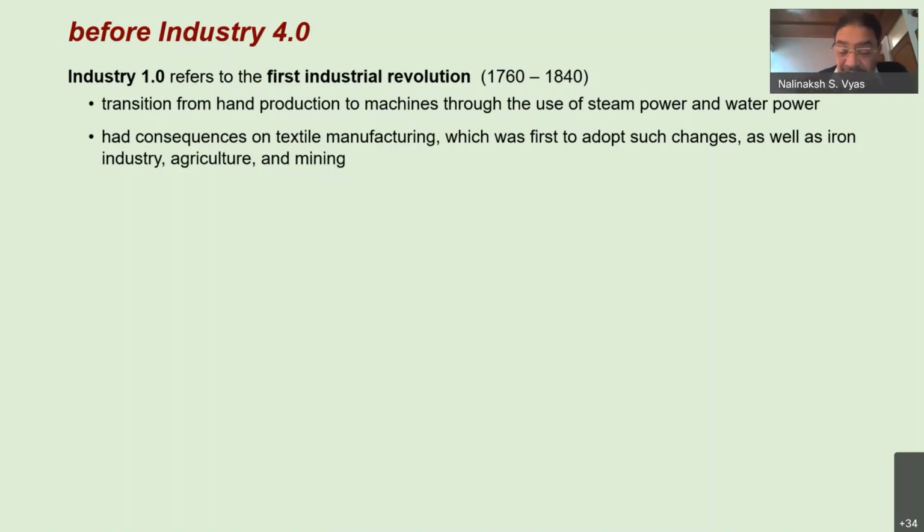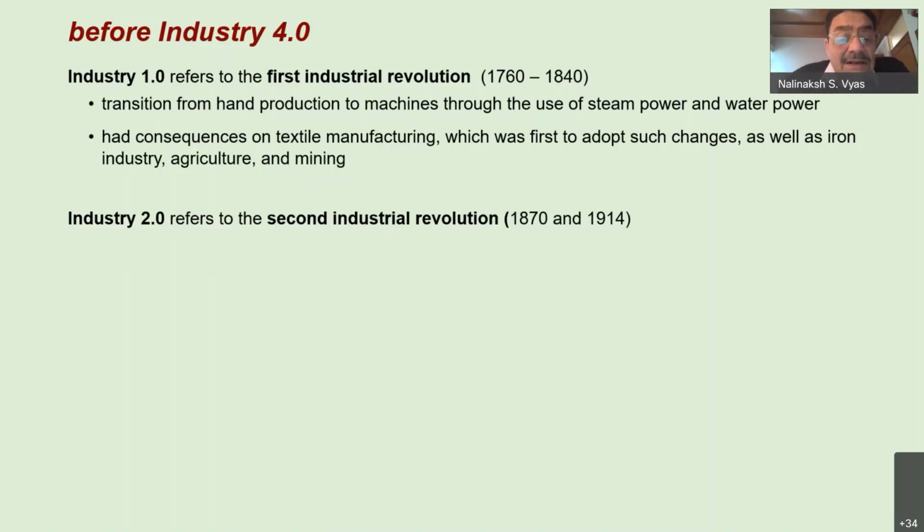Steam power had its consequences. This was the invention of the steam engine by James Watt, and it had its consequences on textile manufacturing, which was the first to adopt these changes, as well as the iron industry, agriculture, and mining in England.